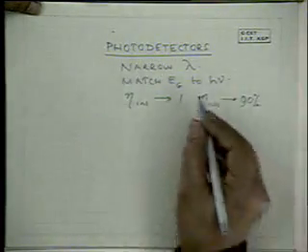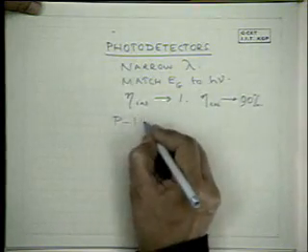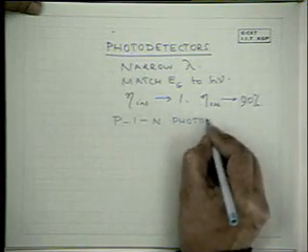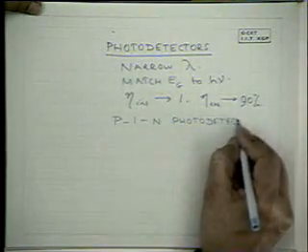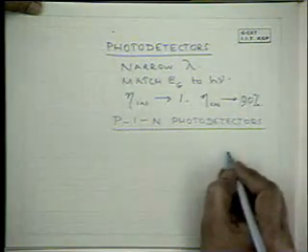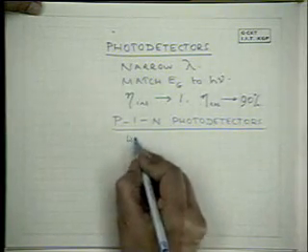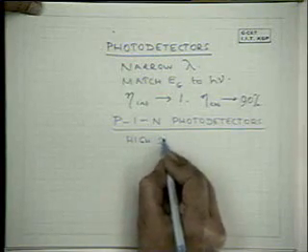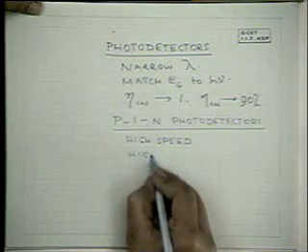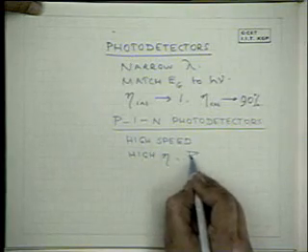Right. One of the very special types of photodetectors are PIN photodetectors. They have the advantage of relatively high speed, and we want to have high quantum efficiency or responsivity.